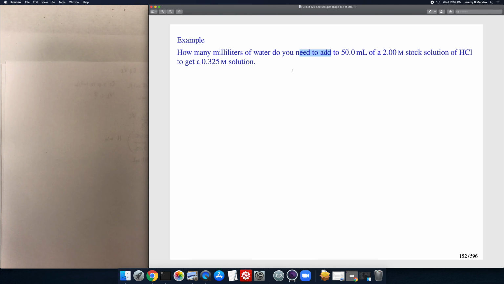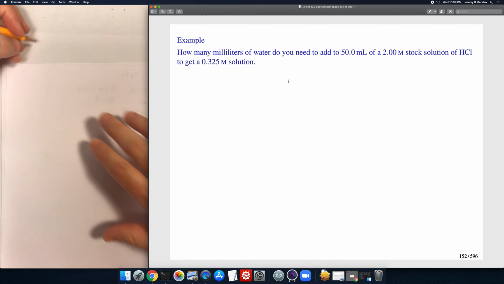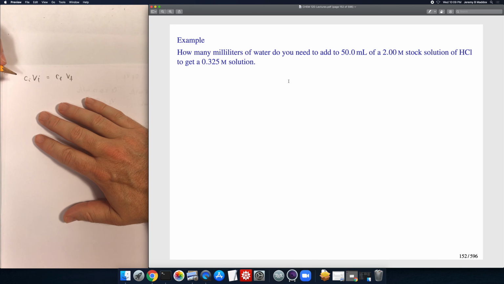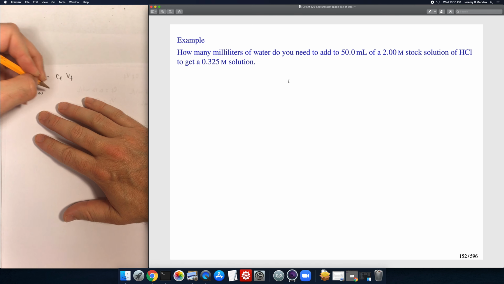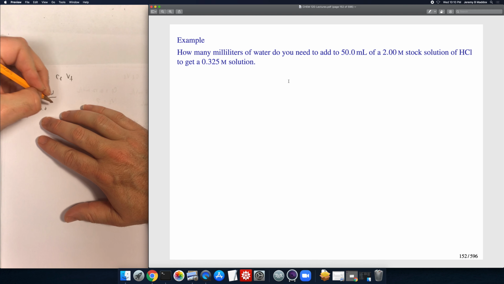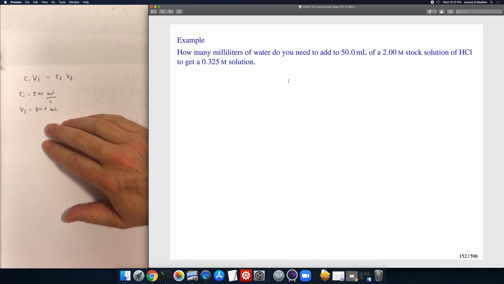Well, let's work the first part of this problem like an ordinary dilution problem. So I'm going to take CI VI equals CF VF. The initial concentration is this 2.00 moles per liter. The initial volume is 50.0 milliliters.